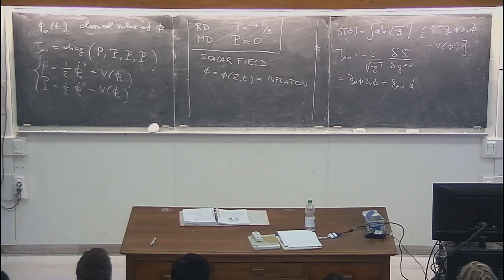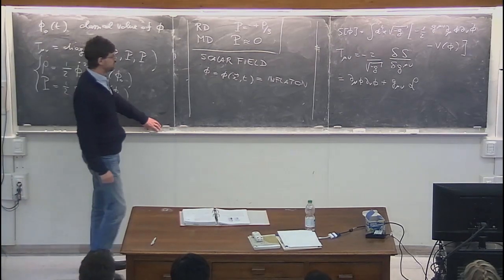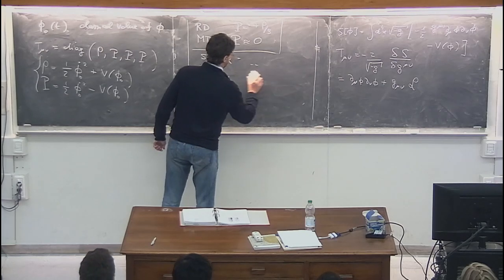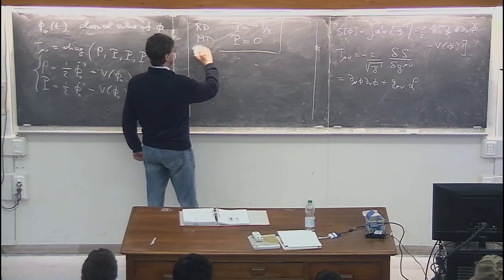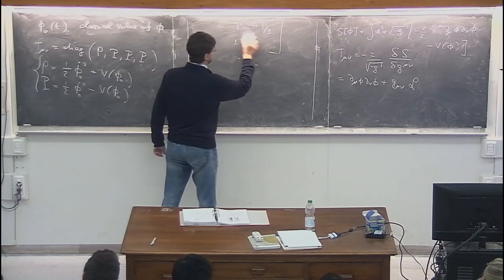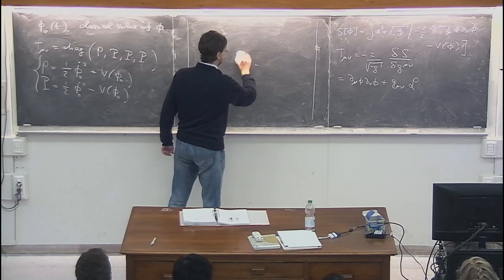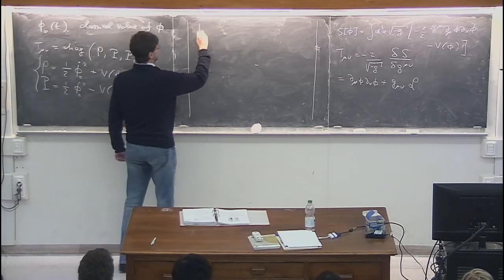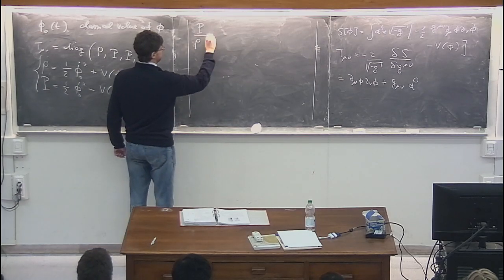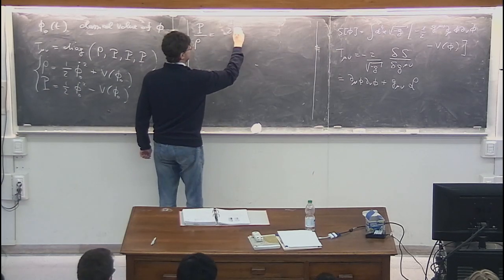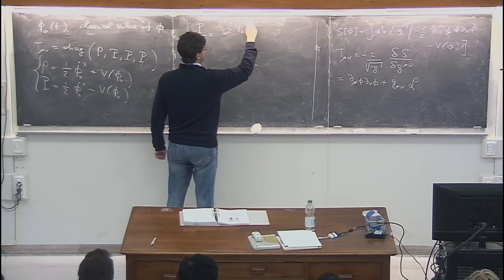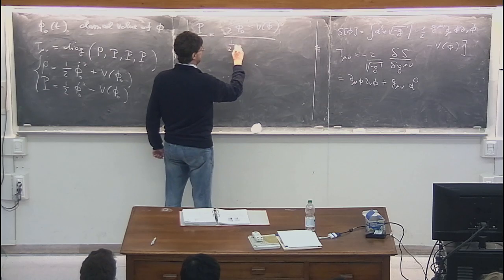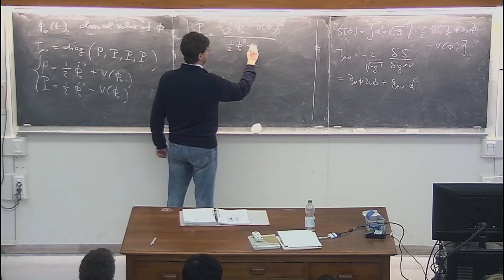Very well. So from here, you see that I have a chance to get a negative pressure, and that's the reason why people consider a simple scalar field. Because if I compute P over rho, this is 1/2 phi 0 dot square minus v of phi, divided by 1/2 phi 0 dot square plus v of phi.